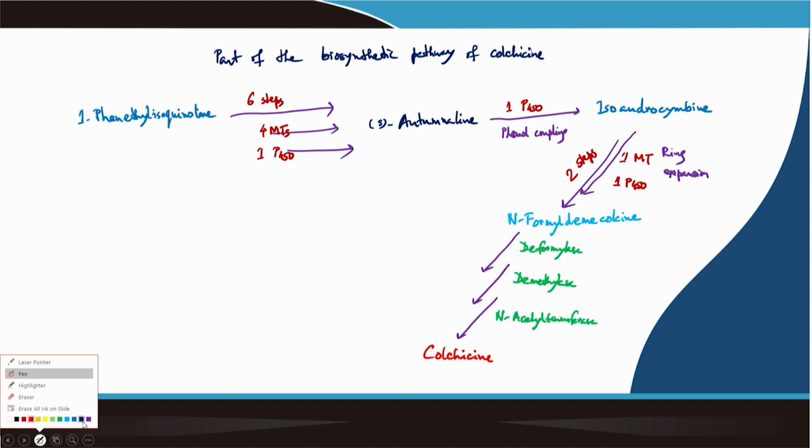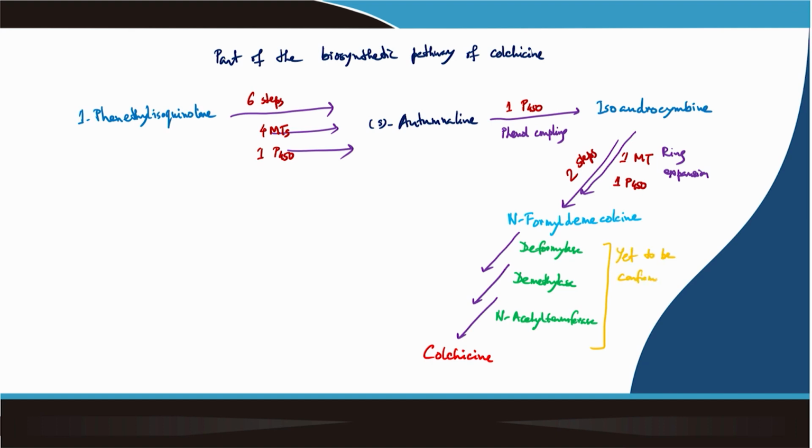Now, this part is still not confirmed at the molecular level, yet to be confirmed, but up to N-formyl demecolcin this is confirmed. So, that means up to here, this is called the near completion step of colchicine synthesis.